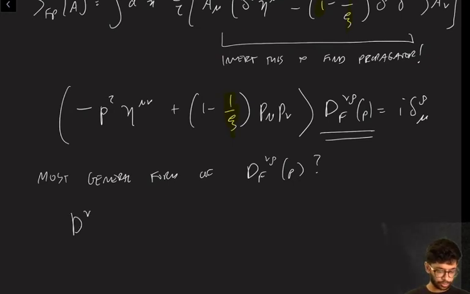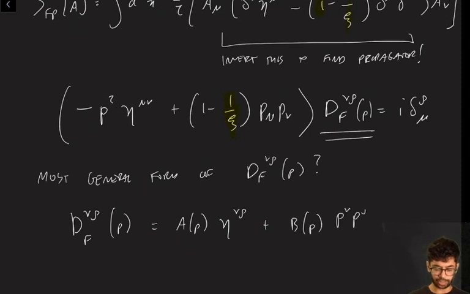Well, the only two objects we have are the metric, so there could be a term like η^νρ, and p. I could take p, a 1-index object, and make a 2-index object out of that, p^ν p^ρ. And now there are two coefficient functions here, A(p) and B(p), which can have an arbitrary dependence on momentum, and I've put a factor of p² in the denominator just to give A and B the same dimension. This makes the final thing look nicer.